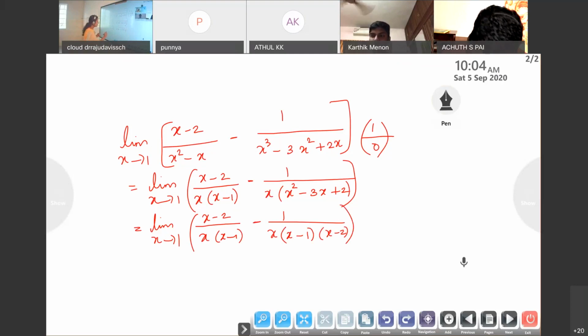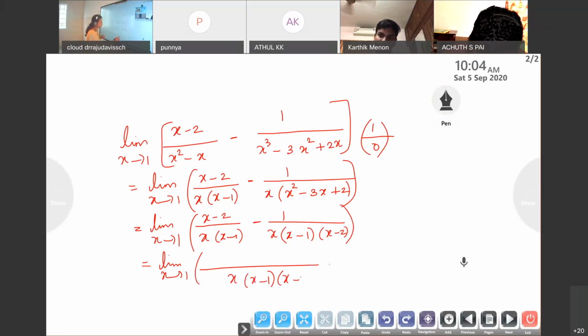Now take the common denominator, x into x minus 1 into x minus 2. Here one x minus 2 is missing, so we multiply by x minus 2, minus 1.